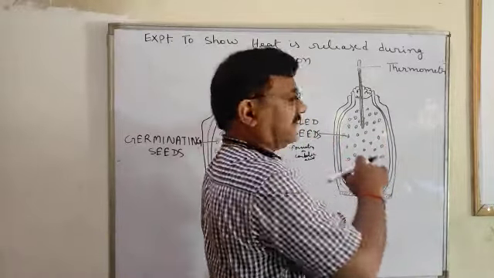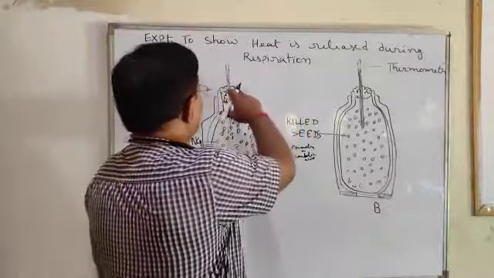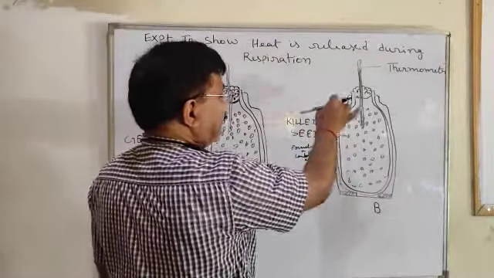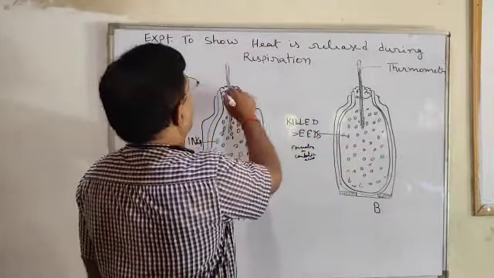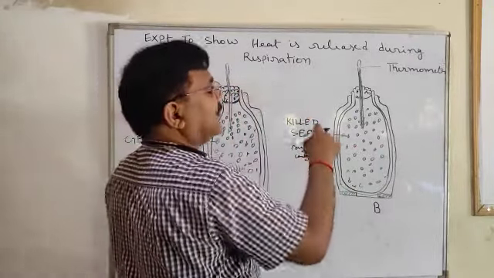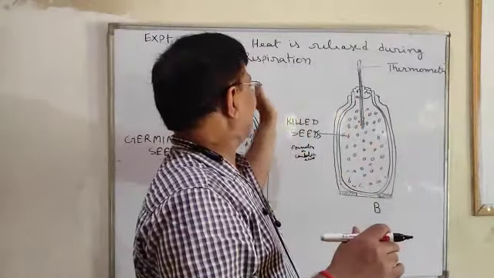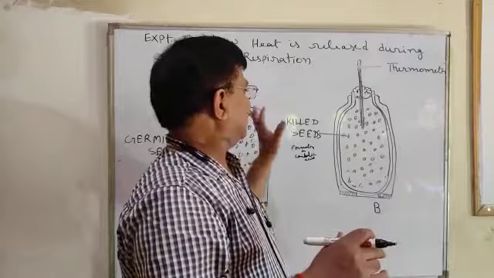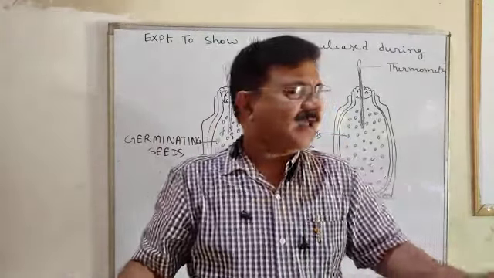They are seeds killed by boiling. Two thermometers we have put inside, and here cotton wool we have put so that the outside heat will not change the inside temperature.